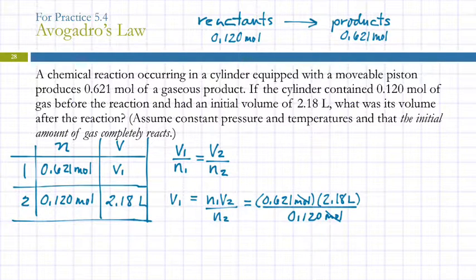So I've got 0.621 times 2.18 divided by 0.12, 11.2815. And the unit would be liters. How many sig figs? 3. So 11.3 liters.